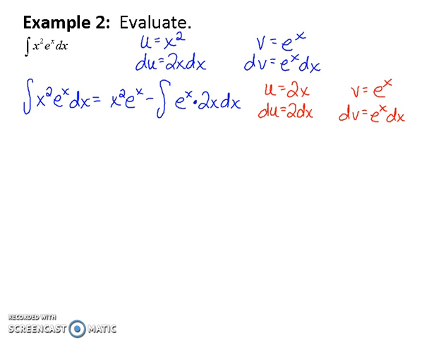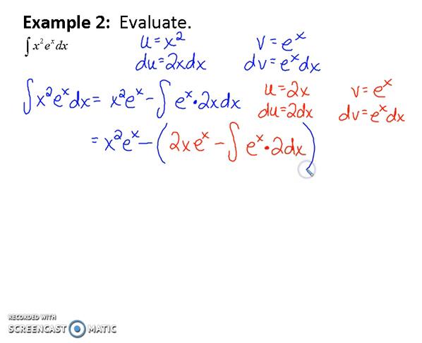So that makes my integral x squared e to the x minus this u times this v minus the integral of this v times this du. So we have x squared e to the x minus 2x e to the x.